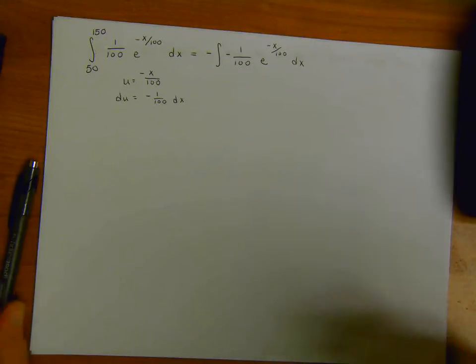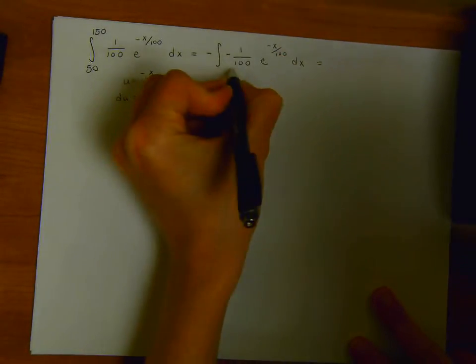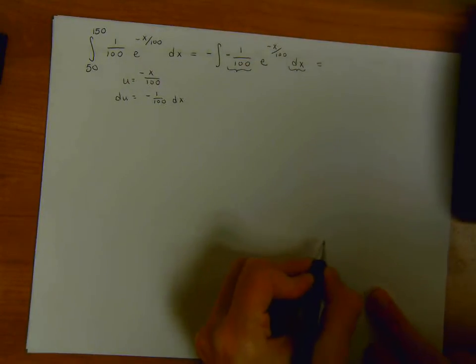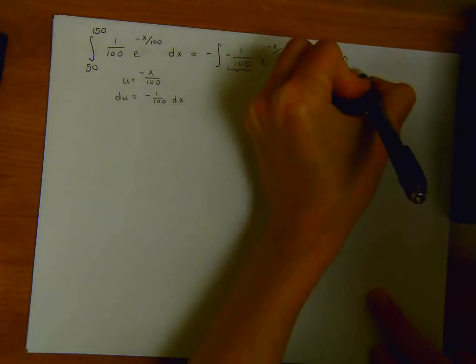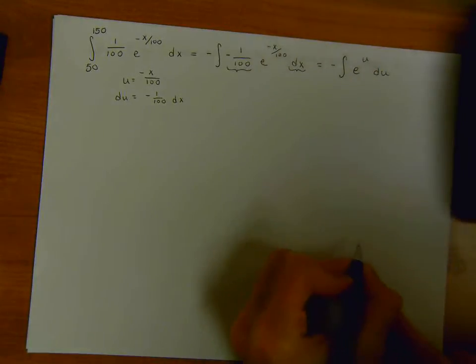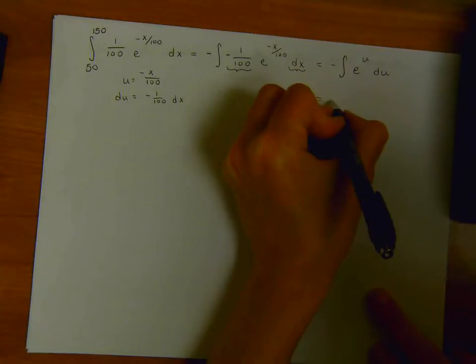And it means that together, this piece and this piece form my du. So the negative integral of e to the u du. This is easy to integrate. The integral of e to the u is just e to the u.